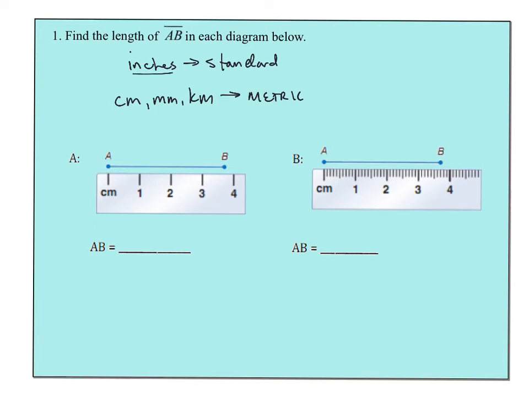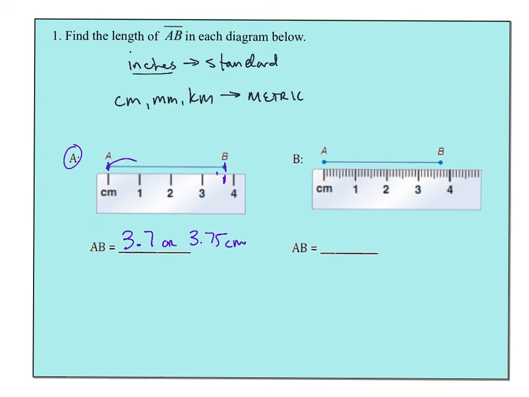So if I look at letter A, I have this line segment that starts here and ends here. This is between 3 and 4. It's not very difficult to see that it's not on 3, it's not on 4, it's somewhere in between, but a little past what I would consider halfway. So I would say something to the effect of 3.7 or maybe 3.75 centimeters for that length.